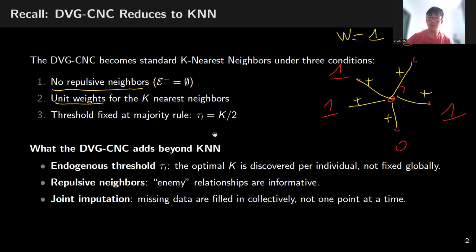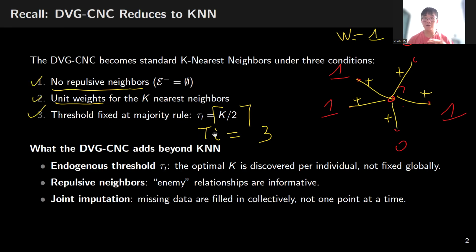Every weight equals 1, and tau i should be the ceiling of k over 2. So in this case, k equals 5, and tau i will be equal to 3. So if you have 3 or more voting the same way, it will become 1. We can see that this replicates the KNN.